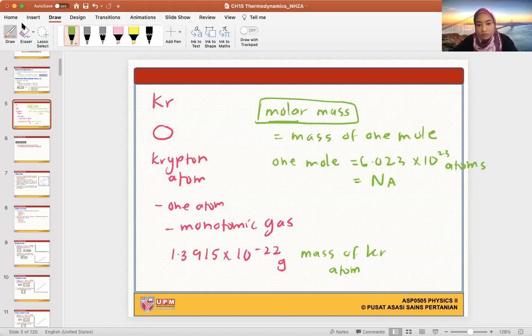What is the number here? 6.023 times 10 to the 23. Number of atoms per mole. So now what do I get? I can cancel out atom with atom. So now I am getting mass per mole, which is mass of 1 mole. So this is your capital M, your molar mass.